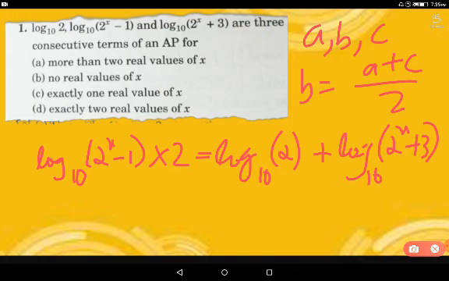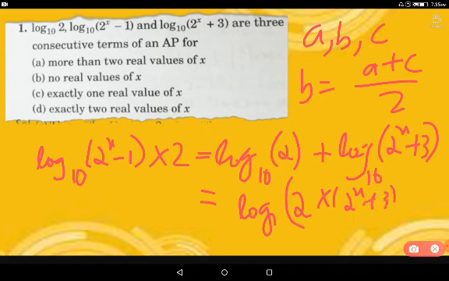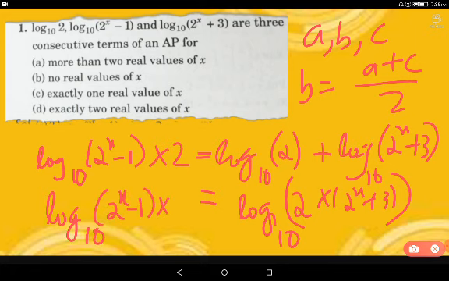Okay, now what is this? Log m plus log n is equal to log mn. So this will be log of 2 into 2 raised to x plus 3 to the base 10, and here that will be log of this much into 2.